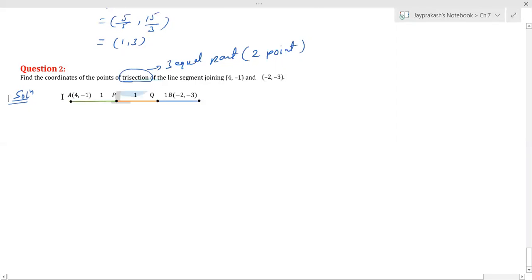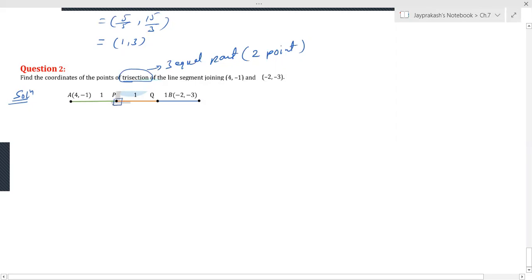So these are the positions of the points. The starting point is A and the end point is B with the coordinate of -2, 3. Now first we will find the coordinate of point P.